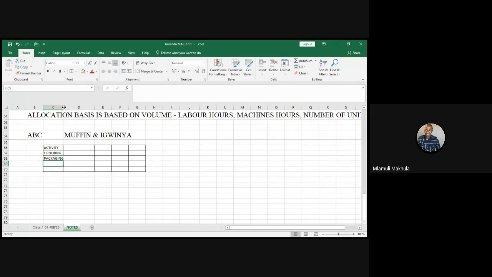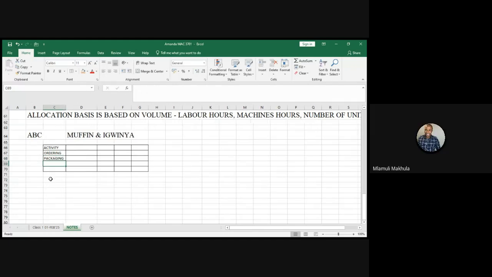Can you see that? There could be the rent of a factory. Let me think of another activity. It could be the oven, which is going to be a machine.